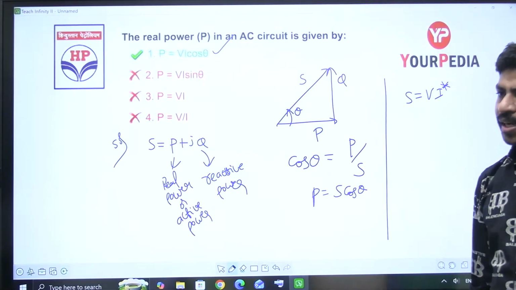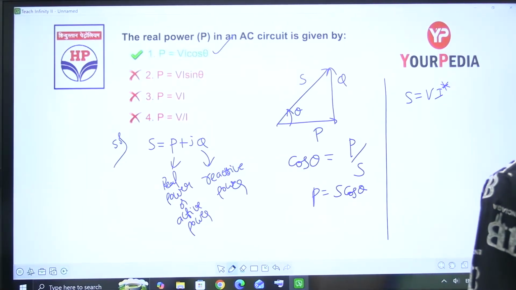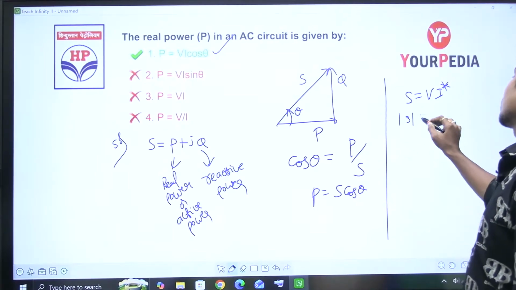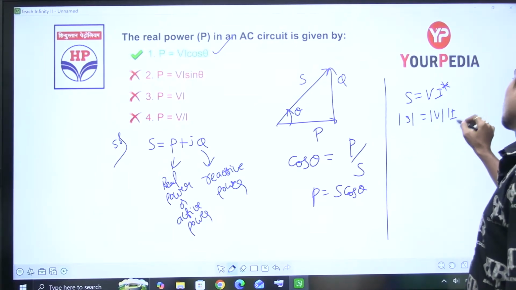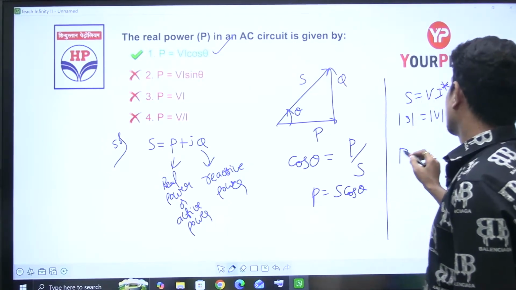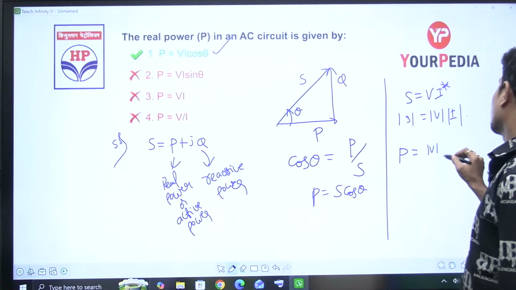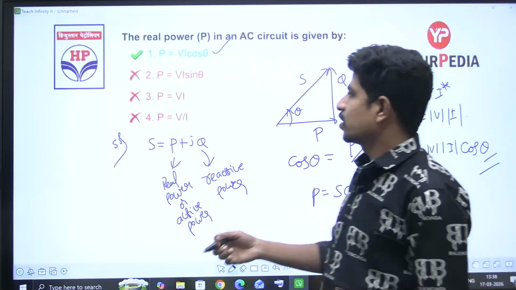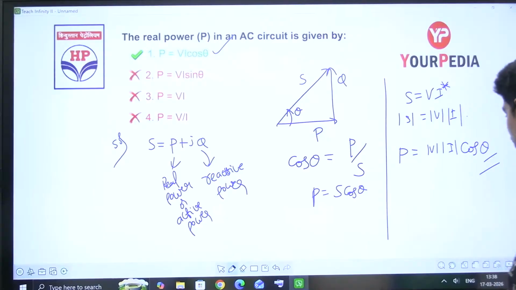Conjugate means taking its exactly opposite angle, right? So magnitude of S means mod V into mod I. So P is equal to S cos theta, that is mod V mod I cos theta. Option is 1, right?